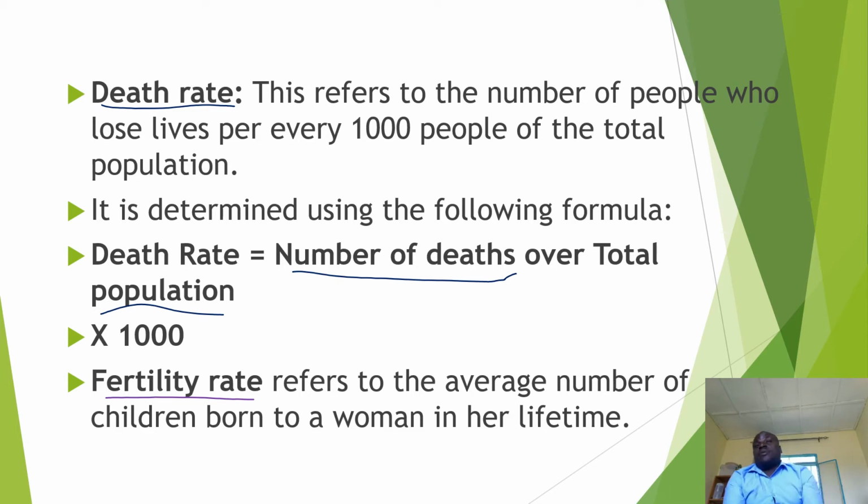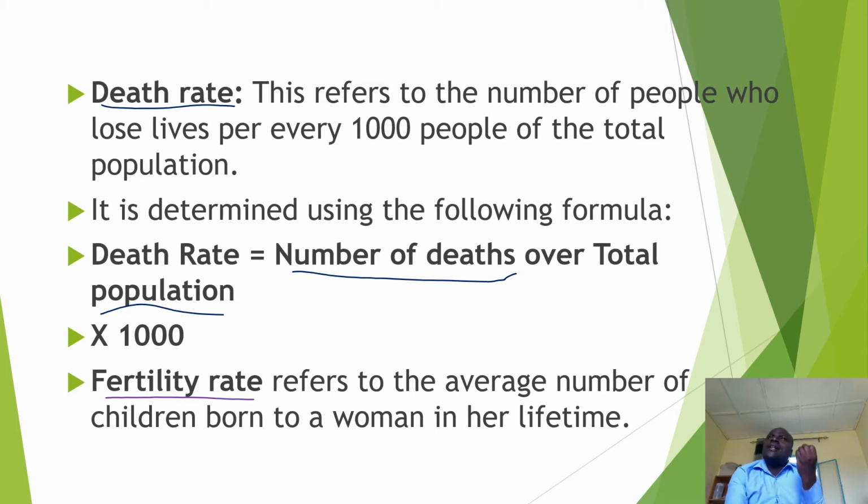Take an example. 2 women may get married at the same time, even to the same husband. In a period of 10 years, you find wife A or woman A has 5 children in 10 years. And woman or wife B has 2 children.